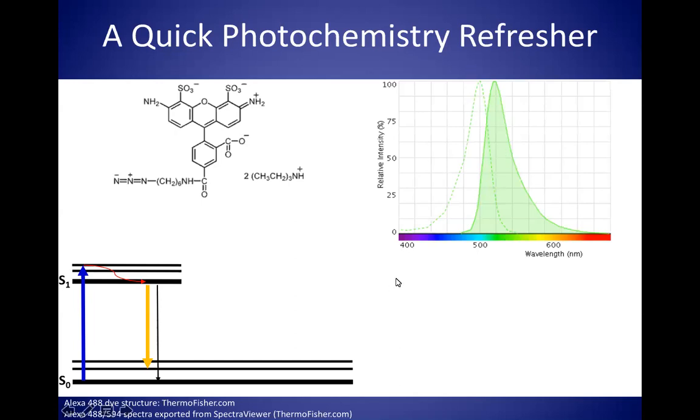How this looks in a spectrum now, if we are looking at sort of a population density of where photons are either absorbed in the dotted line or released in the solid, these are called excitation and emission spectra, and they have these characteristic appearances. So there's always an energy difference.